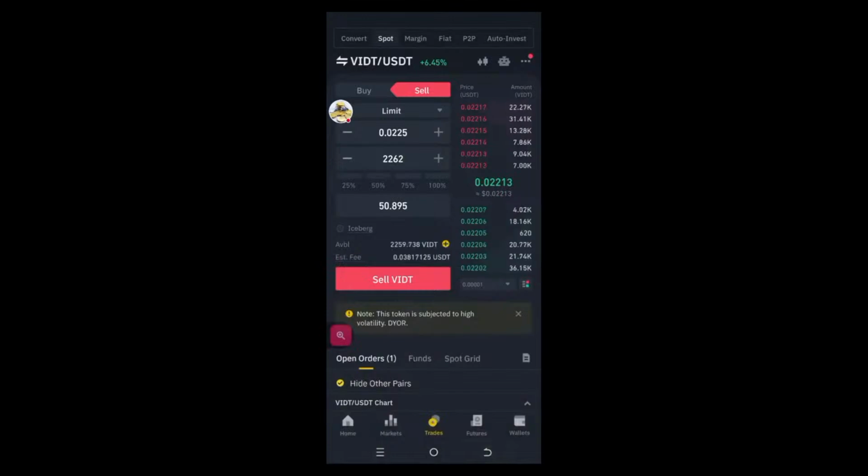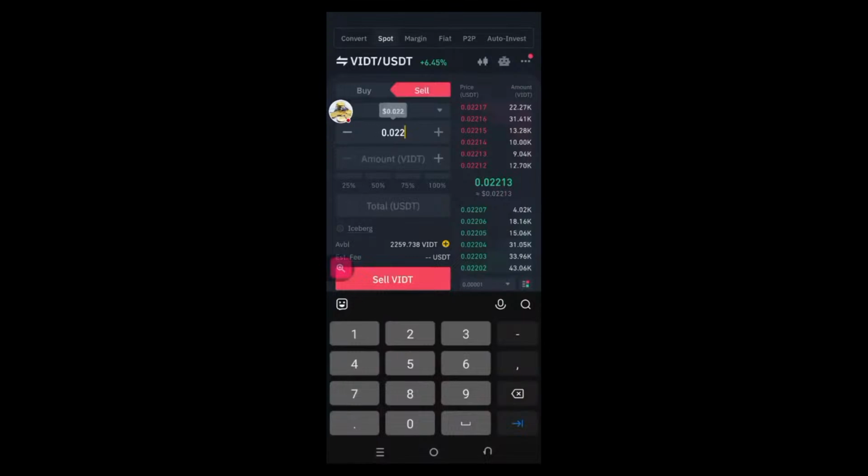Can I get it at 227? Let's see what we get. Okay, $1.34. Okay, 227 looks risky, so let's put 226. Let's see whether if we put 226 it's gonna work.